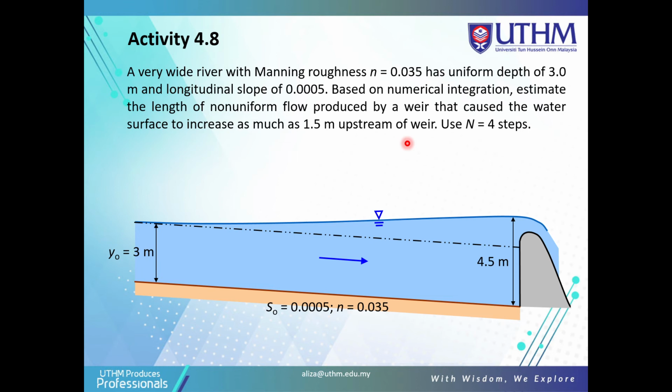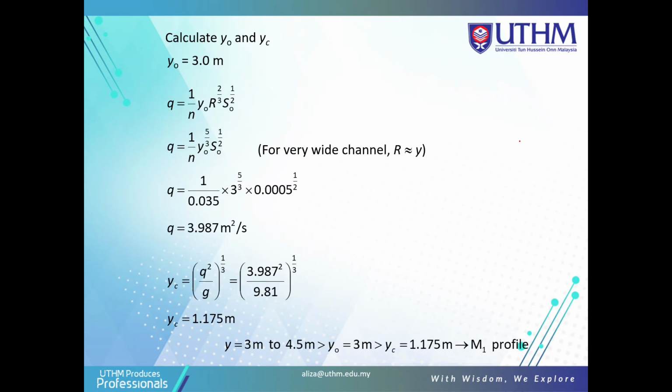This is the same question as in activity 4.7, but using the second method, numerical integration. Estimate the length of non-uniform flow produced by a weir that causes the water surface to increase. This is the same question, but using numerical integration, where N is the number of steps.